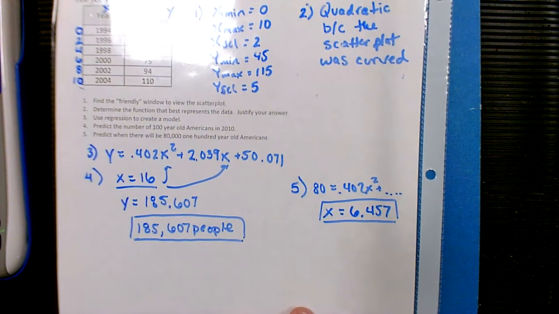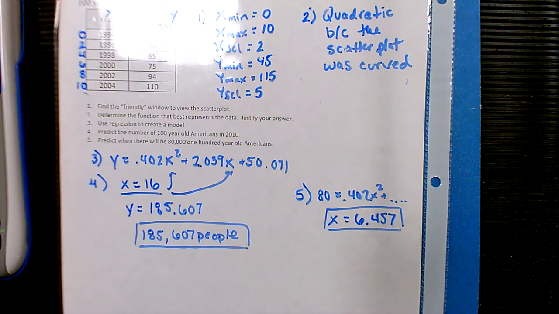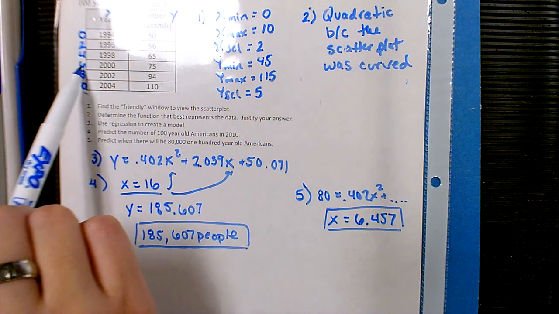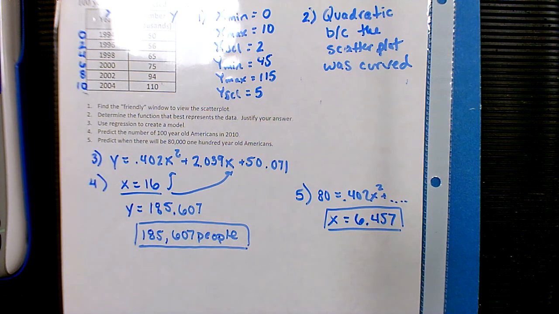Between 6 and 8. So what's this telling us? When were there 80,000 100-year-old Americans? Can you take a guess as to when the year was? Go, Marie? Halfway through 2000, right. Exactly 6 represents the very beginning of 2000, like January 1st.